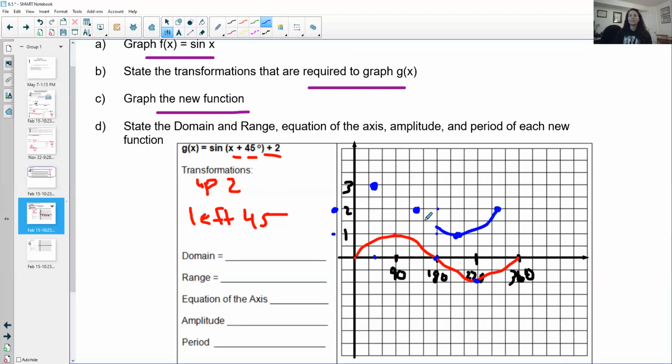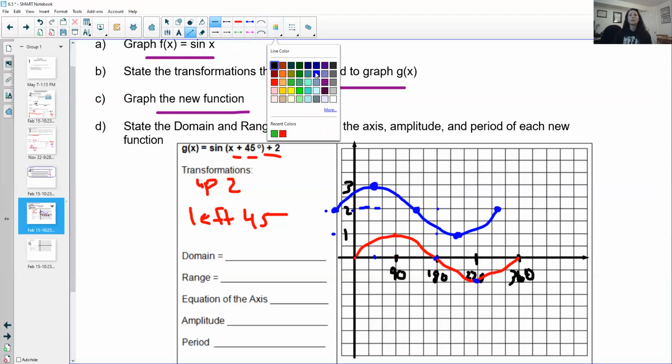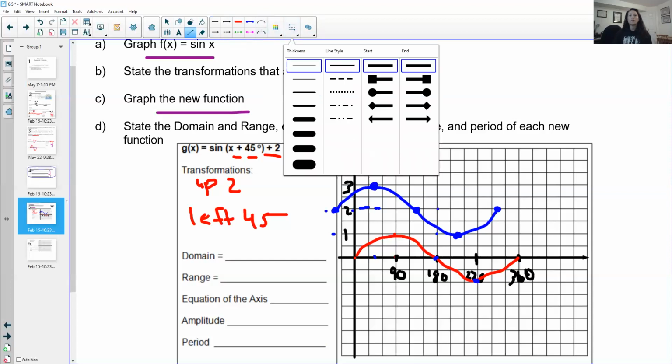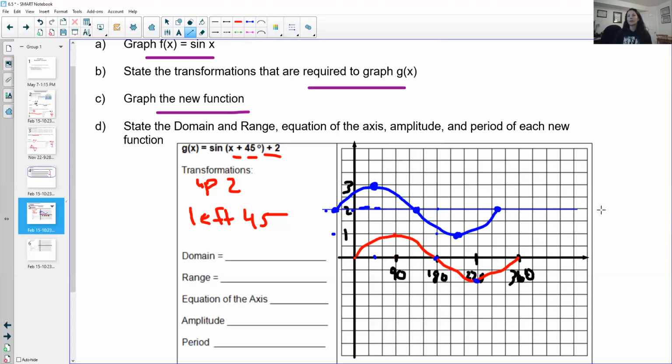Do your best. Do not draw me diagonals. These are curves. Okay. And I want to put my equation of the axis in here. I hope this works. There we go. Okay, so there's our equation of the axis there.